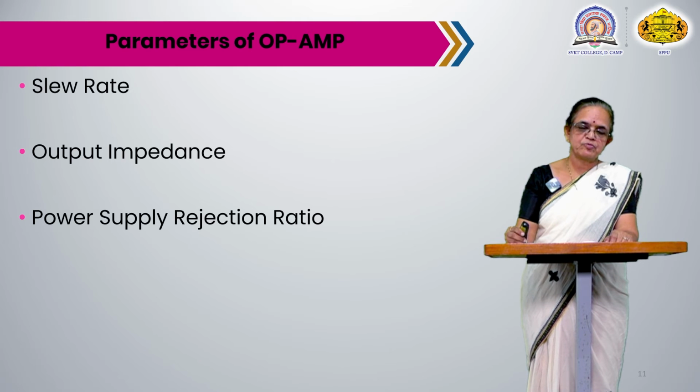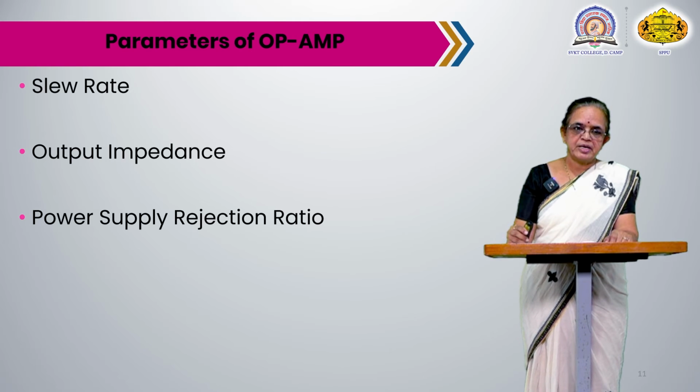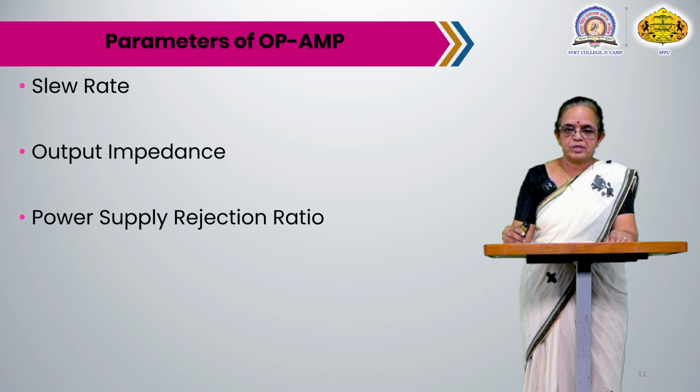This is also abbreviated as PSRR. It is the change in input offset voltage to the change in one voltage of the power supply, provided that all remaining power supply voltages are constant.